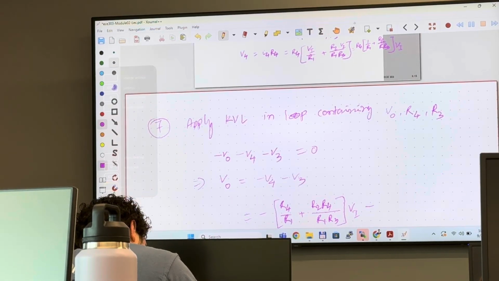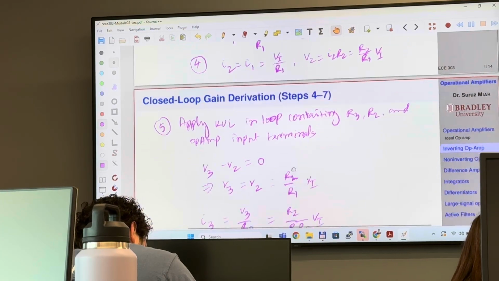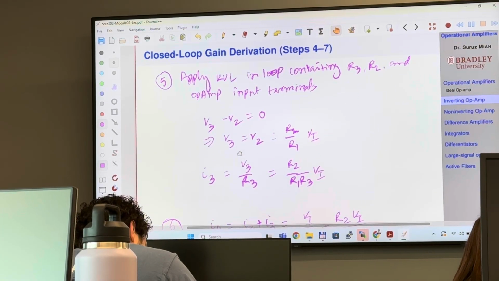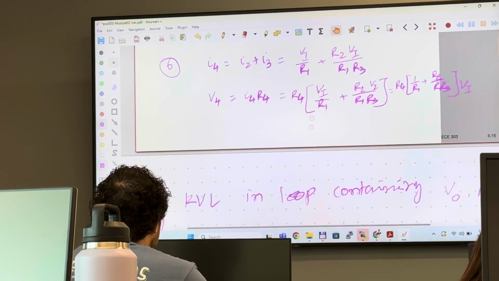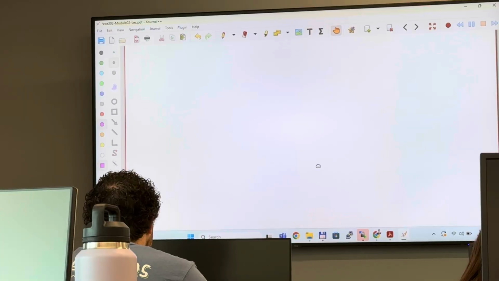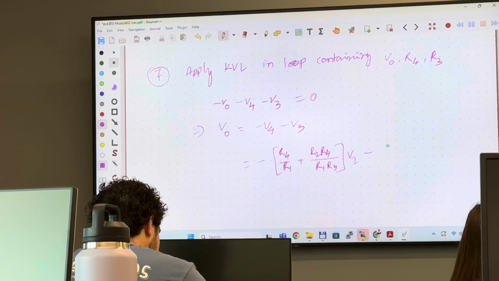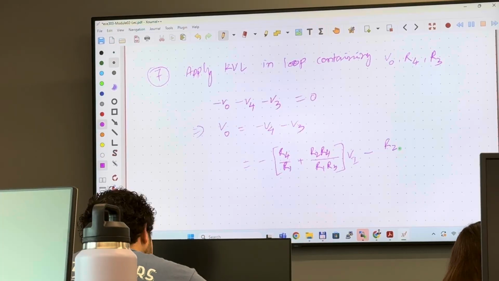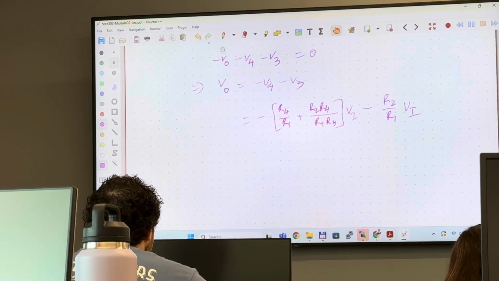Minus, what was V3? V3 is R2 over R1 times VI, right? So V3 was how much? R2 over R1 times V sub R. Now, let's write this term first.